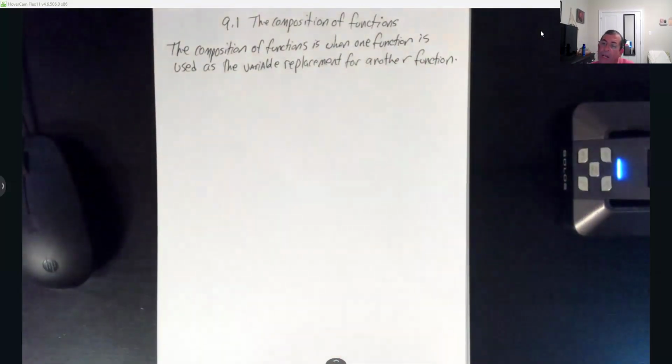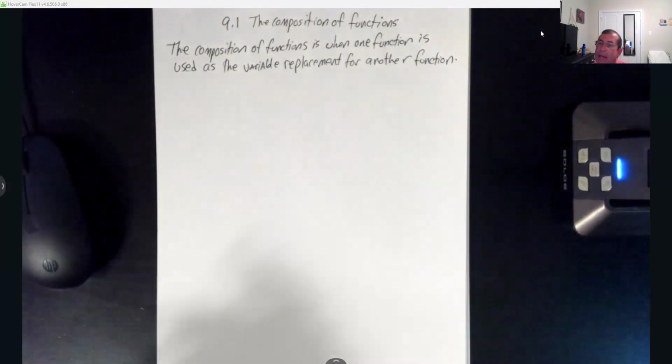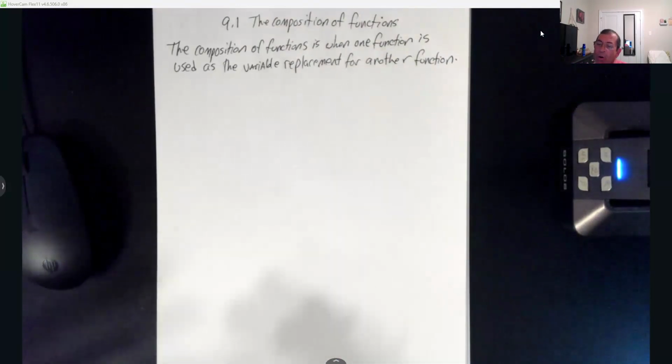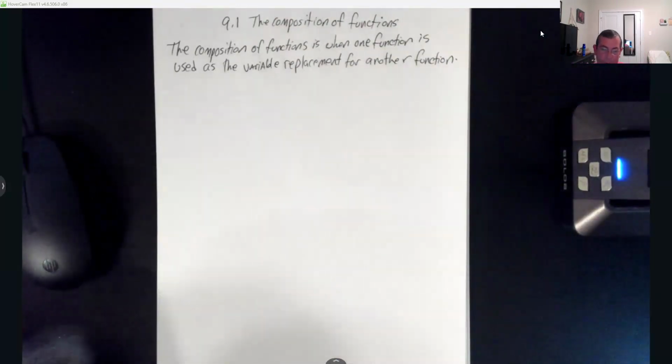So what I mean, instead of putting in just maybe an X or a number for that variable, we're putting in a whole function for that variable, okay?